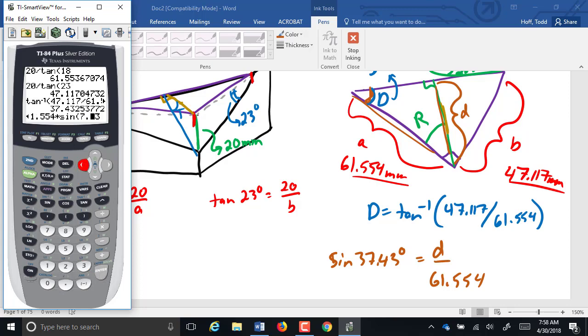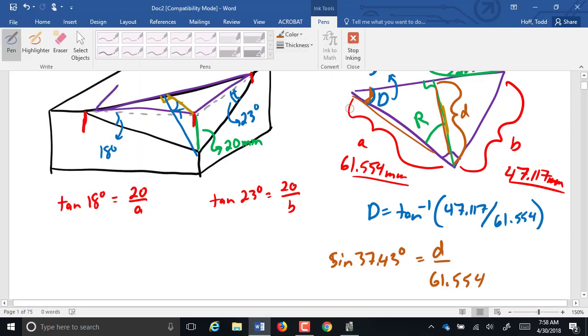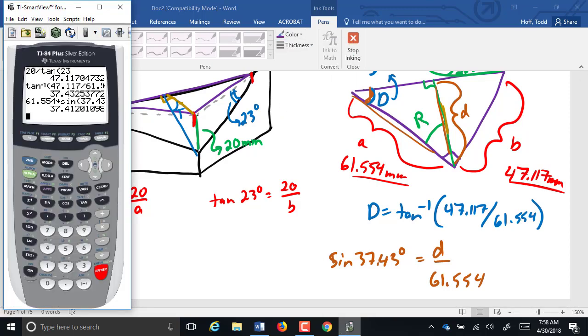Oops, helps if I get the right angle there. 37.41, did you say? I think I got everything punched in, right?